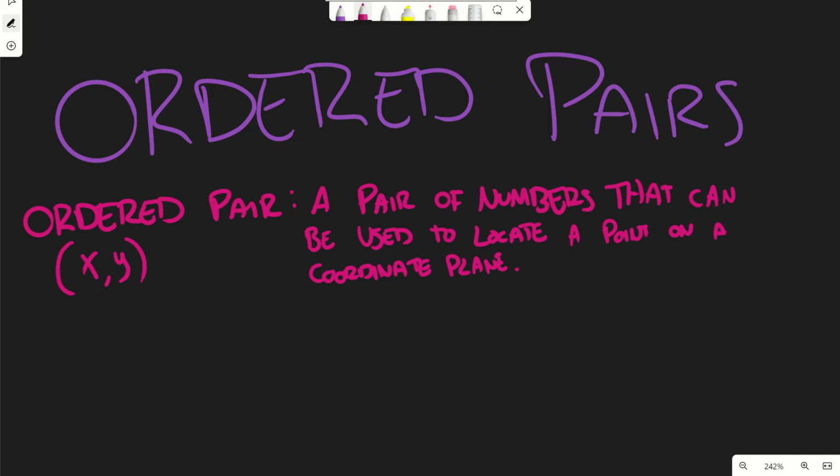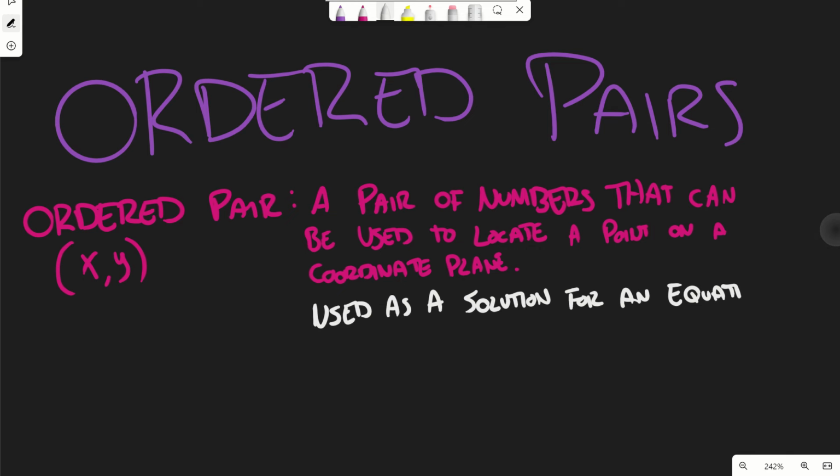So if we have an equation with two variables, this is also used as a solution for an equation with two variables, x and y.